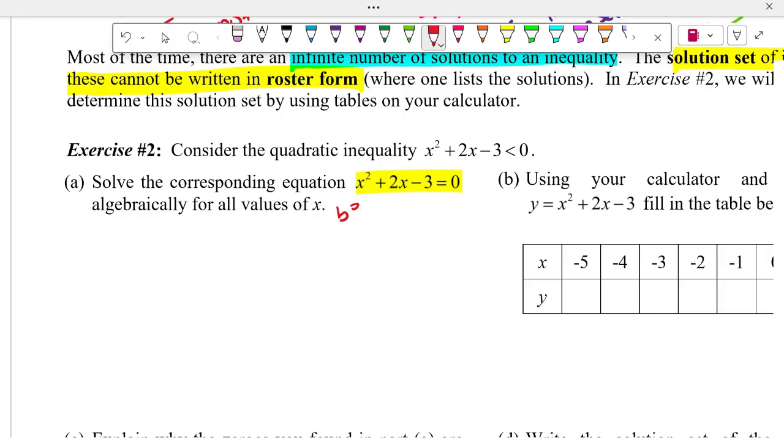So let's say I take b squared minus 4ac real quick. If I can factor it, it's going to be a perfect square and positive. So I have 2 squared minus 4 times 1 times negative 3. That'll be 4. Negative 4 times 1 is negative 4, times negative 3 is 12.